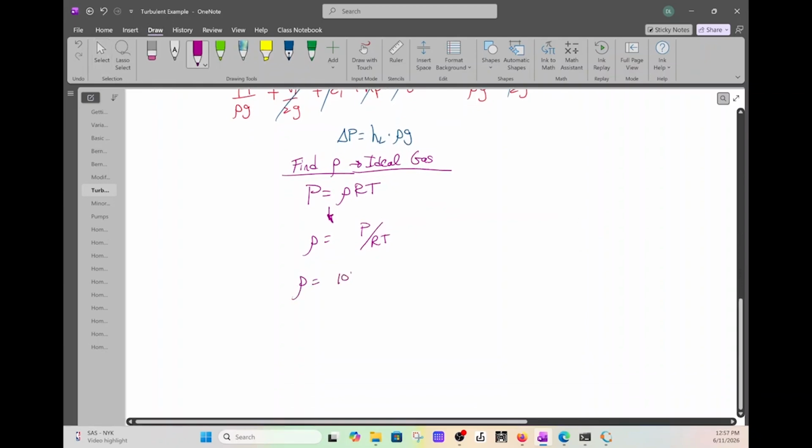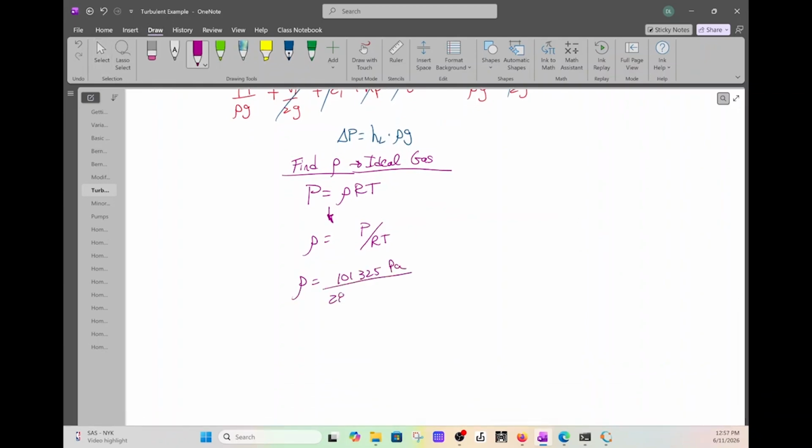Rho equals 101,325 pascals over 287 joules per kilogram K times 308 Kelvin. Remember, temperature has got to be absolute. It's got to be Kelvin. We got to make sure our units cancel. We're using pascals, not kilopascals. So the density becomes 1.146 kilograms per meter cubed.